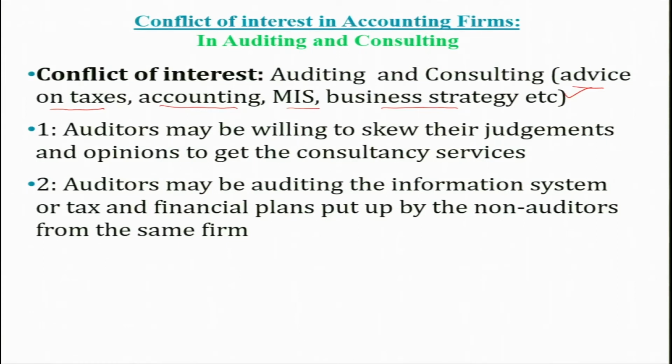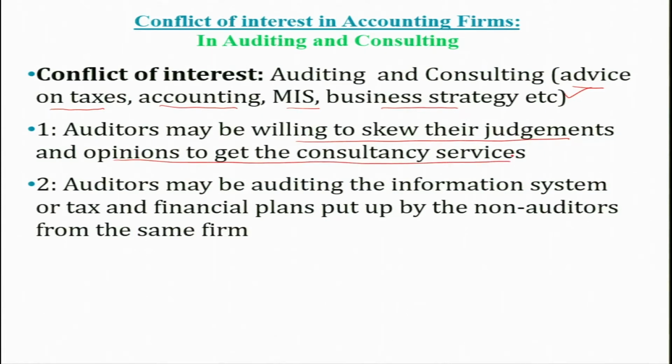However, it creates two potential sources of conflict of interest. The most commonly discussed conflict is the potential to pressure auditors to bias their judgments and opinions to limit any loss of fees in other services. That means auditors may be willing to skew their judgments and opinions to get the consultancy services.